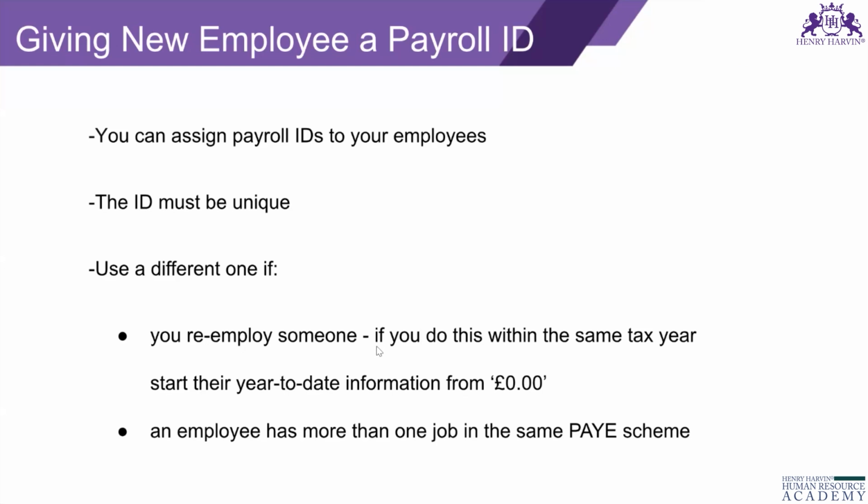But in the UK, you have to ensure something. If you re-employ someone, rehire, for example, an employee left in June and now in October the employee is joining again. In the UK, there is a cumulative tax calculation, so everything starts from April again. If you already closed someone's record and calculated the final taxation in June, and then you give the same employee ID in October again, you'll calculate everything again.